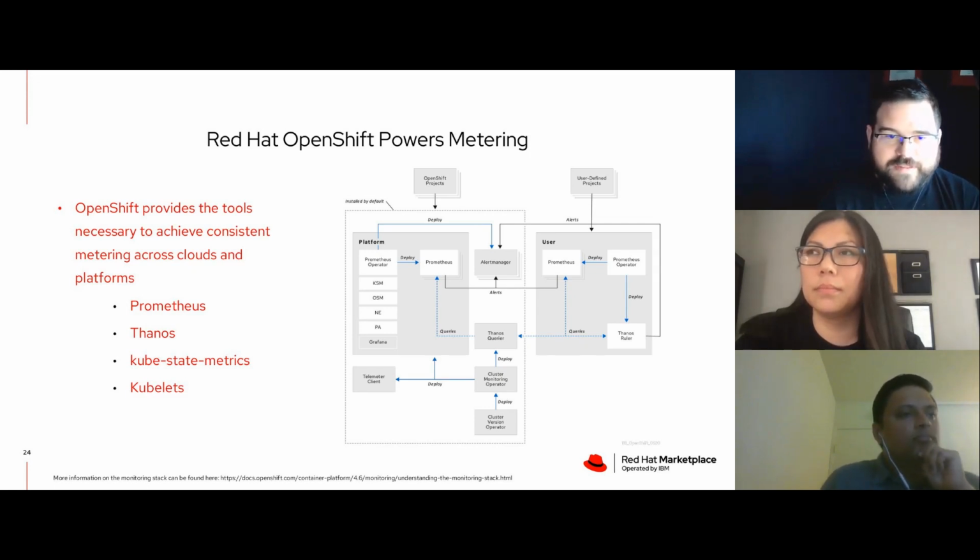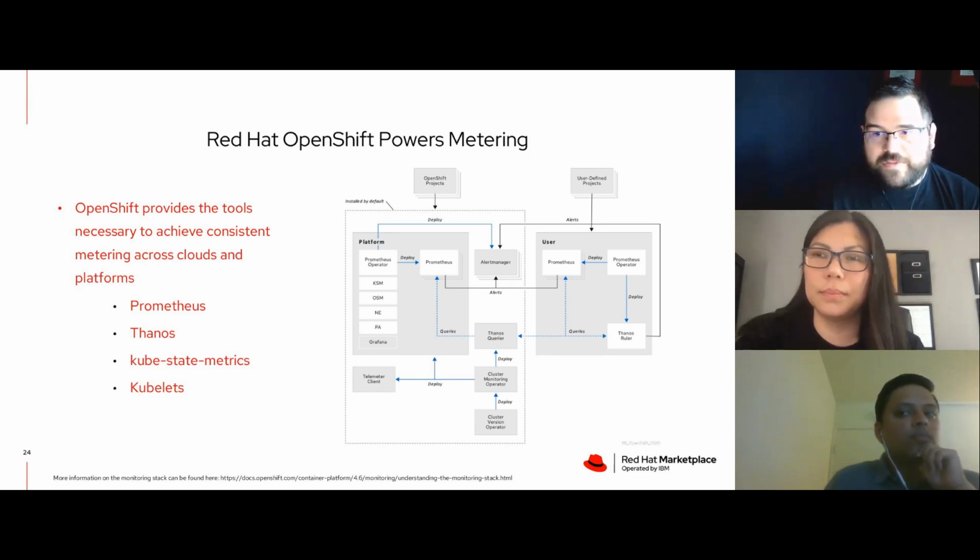It comes with Prometheus, Thanos, Cube State Metrics, Kubelets, that collect the node information for container and pod usage. And all these, like I said, are prepackaged and there for you to use. So the Red Hat Marketplace actually leverages these tools to provide the complete metering solution for partner products like Robin.